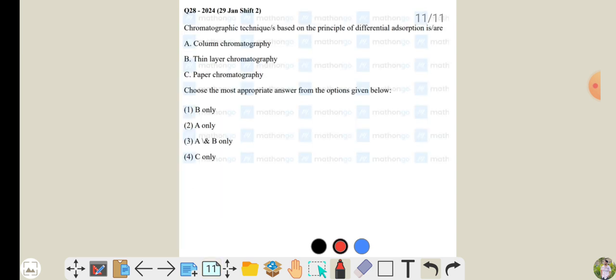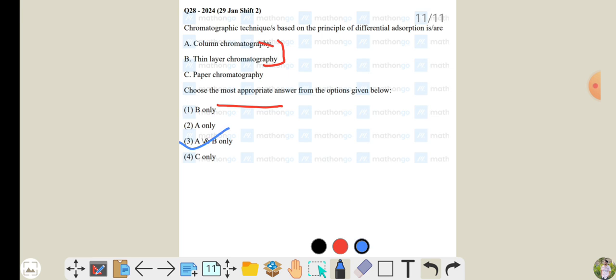They are asking which chromatography techniques are based on the principle of differential adsorption. Choose the most appropriate answer. Normally this is a practical-based question. Here A and B are the correct options: column chromatography and thin layer chromatography are techniques whose principle depends upon adsorption.